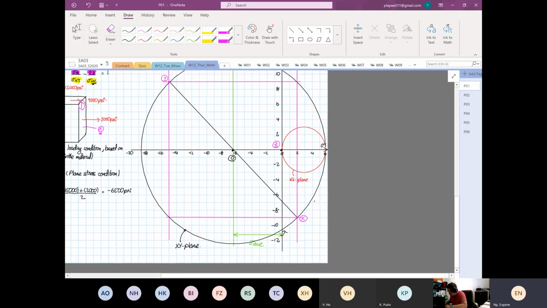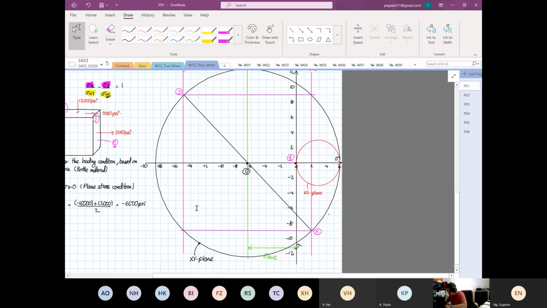And then the other circle over there. So I'm sketching the other circle. Okay, so this is the other circle.